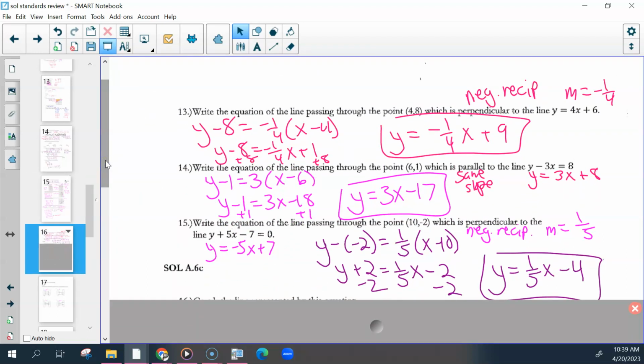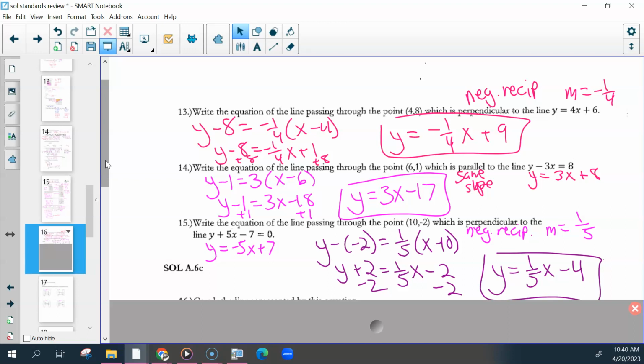For 13, because it's perpendicular, you have to remember that's a negative reciprocal slope. So we take this slope, we flip it, and if it was positive, we make it negative. And then you can do the same work with that new slope and your point. Use your point slope, find your equation. 14 was back to being parallel, so you had to solve this equation for y, get x away from it.